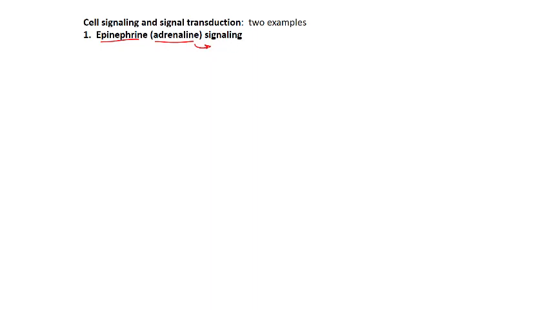This is a hormone that is released by the adrenal glands in response to a sudden stress. And the goal is to prepare an animal for sudden evasive action.